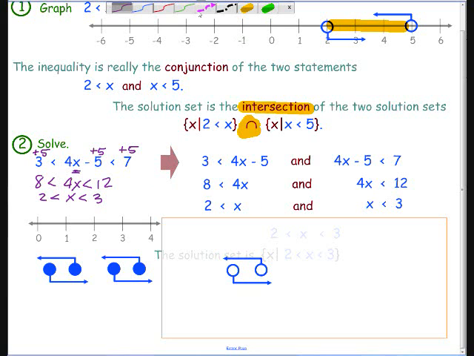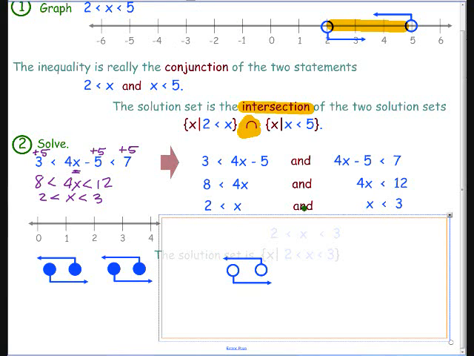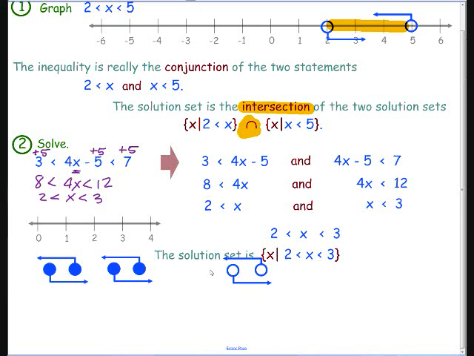So how would this graph? We're going to use the open set here. Find 2, and x is greater than that but does not include that, and 3.